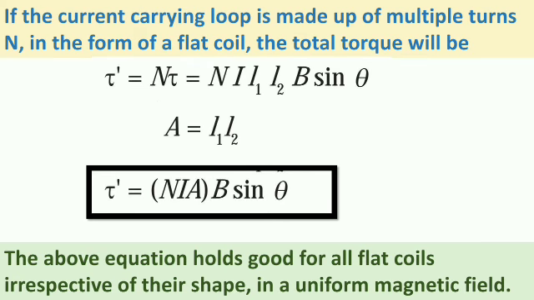So with the help of this formula, we can find the value of torque on a current loop. This is the derivation part of the torque on a current loop.